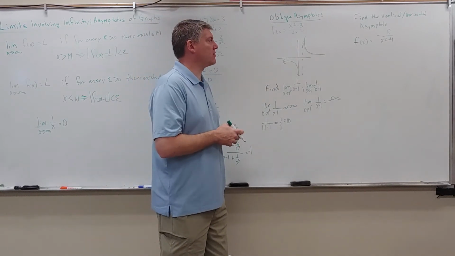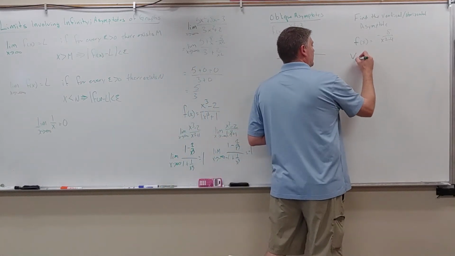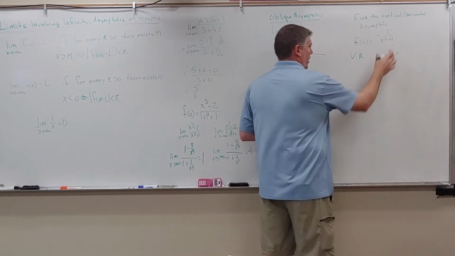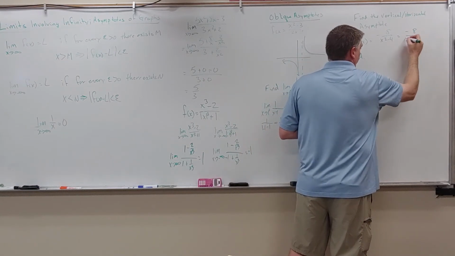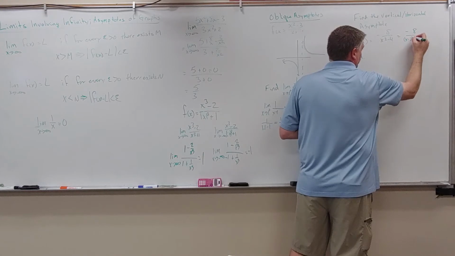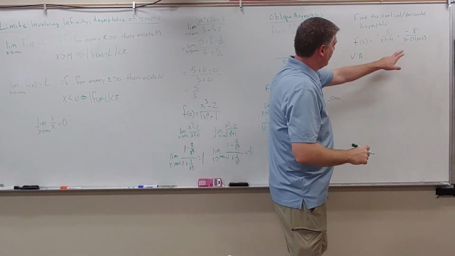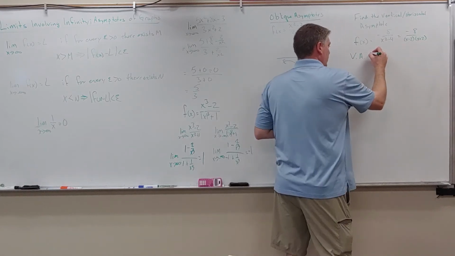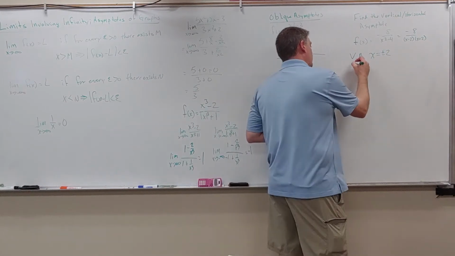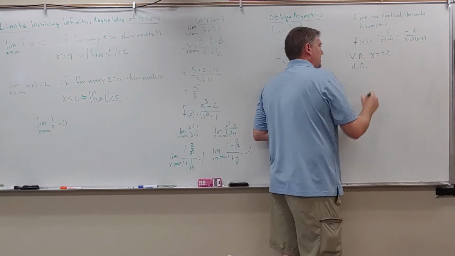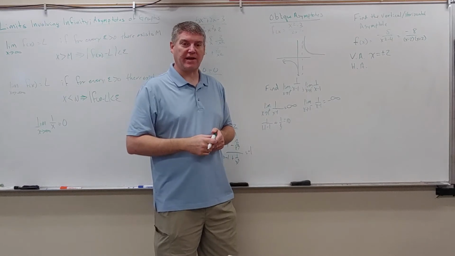So we're going to find the vertical and horizontal asymptotes. If you remember, our vertical asymptotes are where the denominator equals 0. So I'm going to factor this: negative 8 over x minus 2, x plus 2. My vertical asymptotes are going to equal plus or minus 2. My horizontal asymptote is what happens as x goes towards infinity and negative infinity.